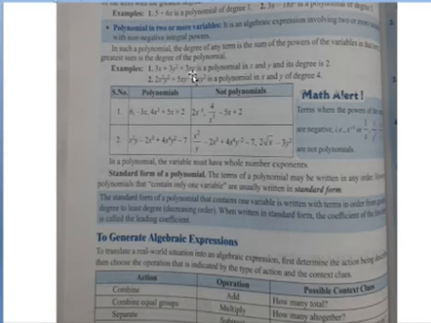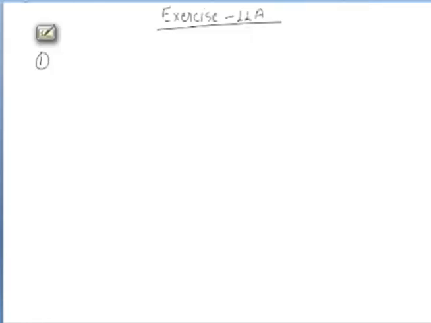Here x and y, just add the powers of these variables. The power of x is 1, the power of y is 1, so 1 plus 1 is 2. Here the power of x is 2, y is 2, so add 2 plus 2, 4. So the degree of this polynomial is 4. Which of the following algebraic expressions are polynomials?